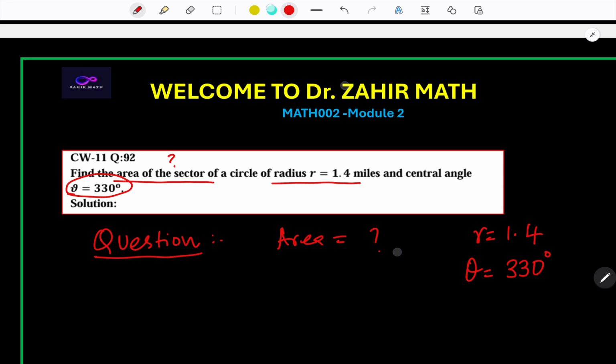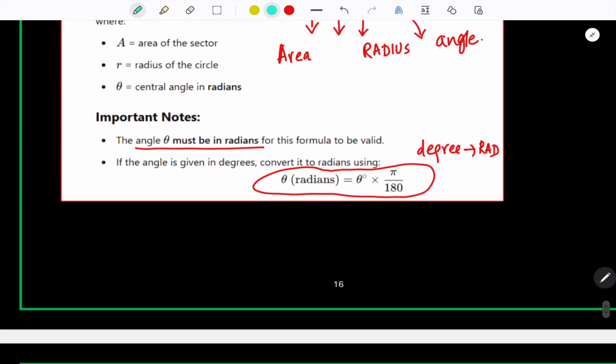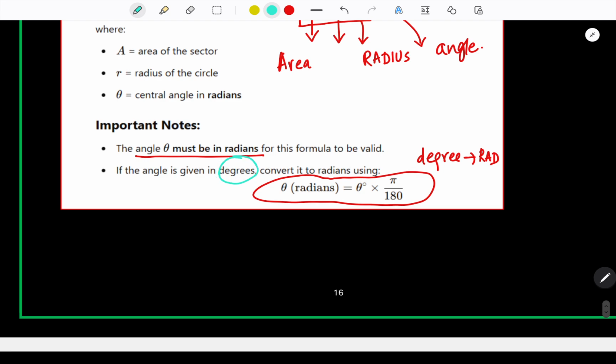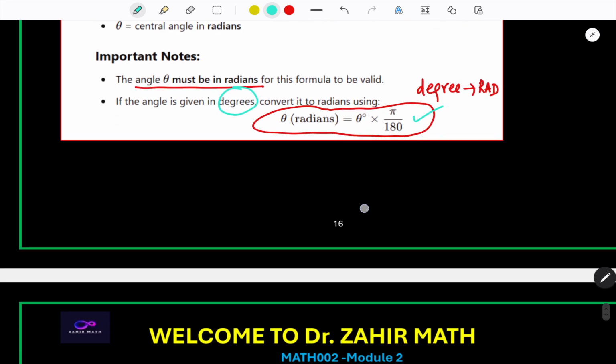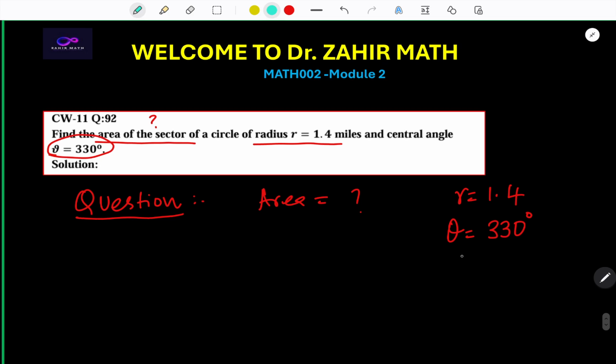So what I said, if the angle is given in 330 degrees, you must convert into radians. So the angle is nothing but 330 multiplied by pi by 180. This is your theta. Must convert into radian. Keep in your mind.